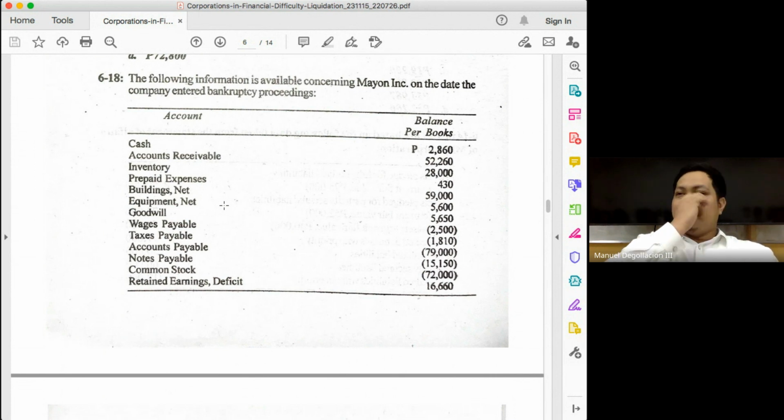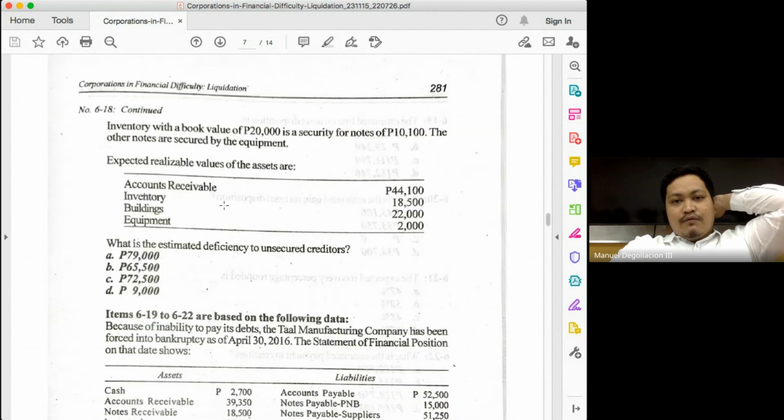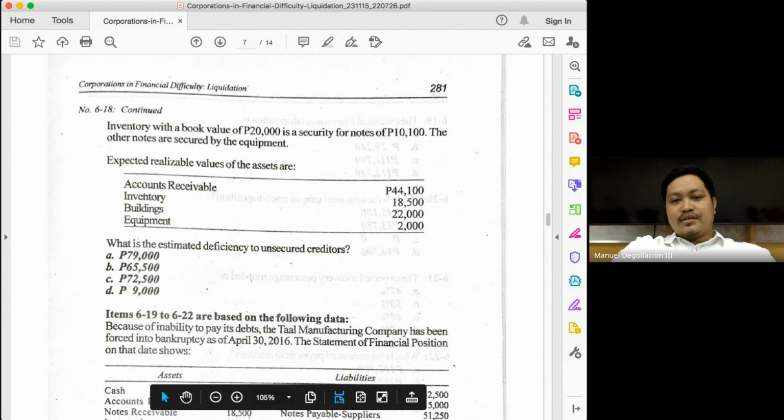So even if the problem tells you that the book value approximates their fair values, you're supposed to assign a value of zero to your goodwill and prepaid expenses. Okay, so help me add these amounts: 2,860, 44,100, 18,500, 22,000 and 2,000.